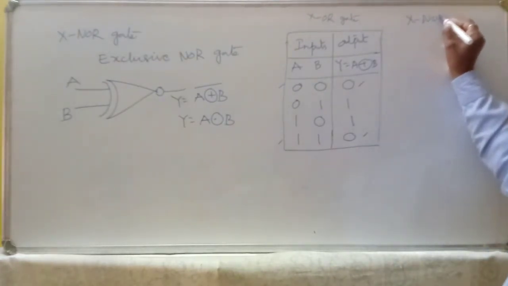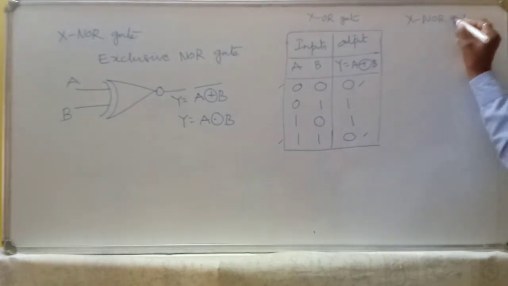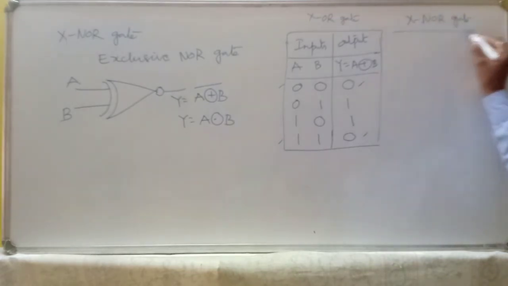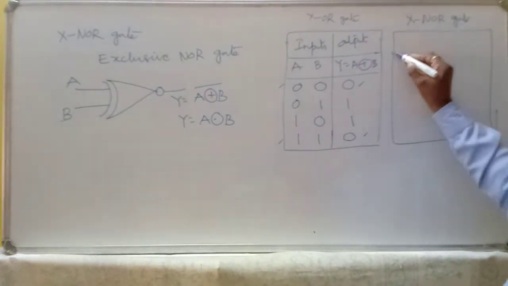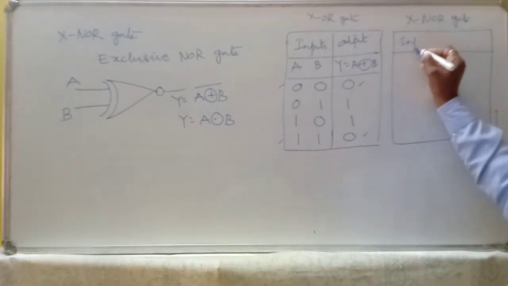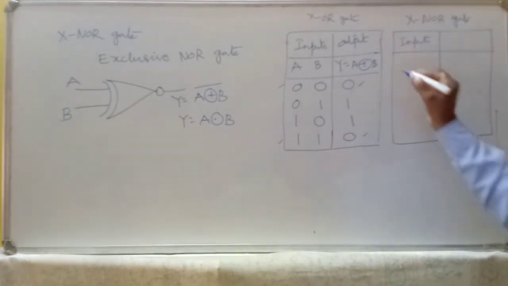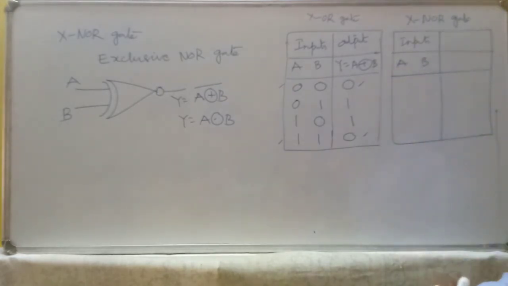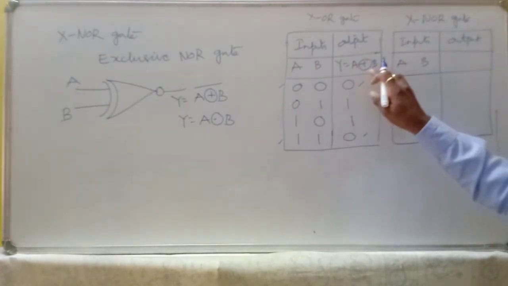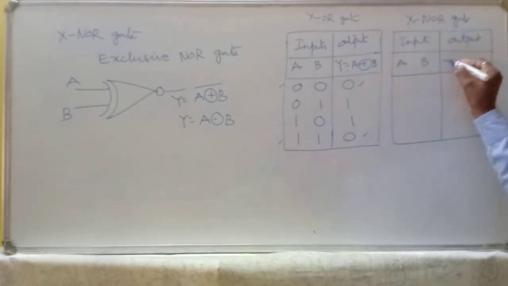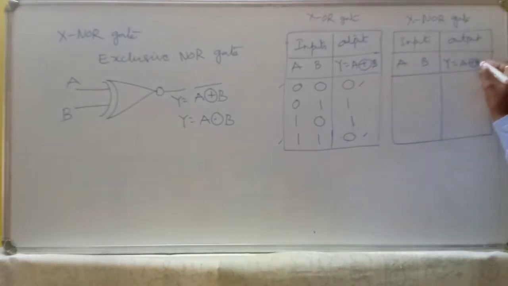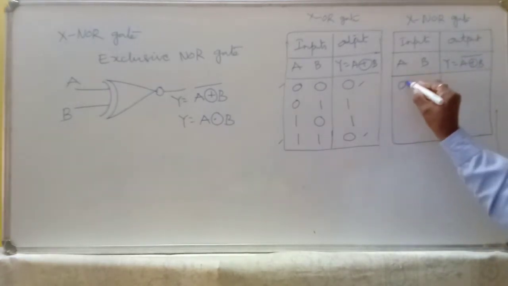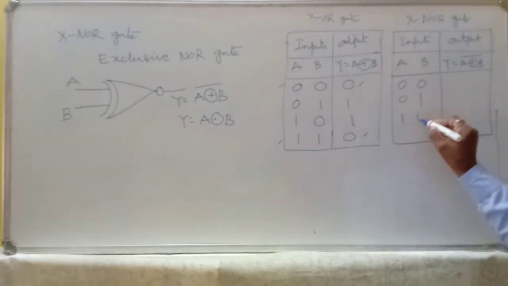XNOR gate. Here A and B are the inputs. What is the output? It is the complement of A XOR B. Here 0 0, 0 1, 1 0, 1 1.